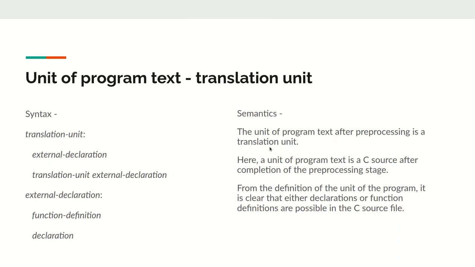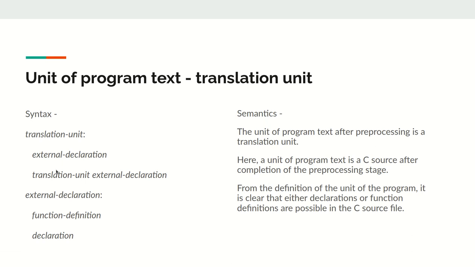Now we'll see the unit of program text, or a translation unit. We'll see the syntax of this translation unit and what exactly it is. A translation unit is a non-terminal, and it is defined with an external declaration, or another one is the translation unit itself.